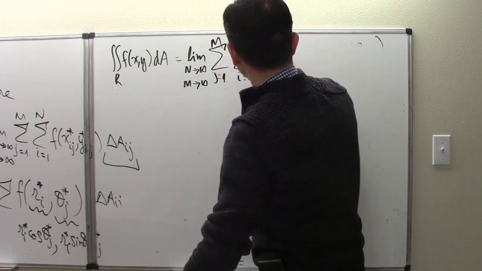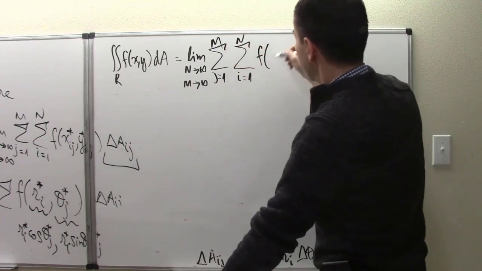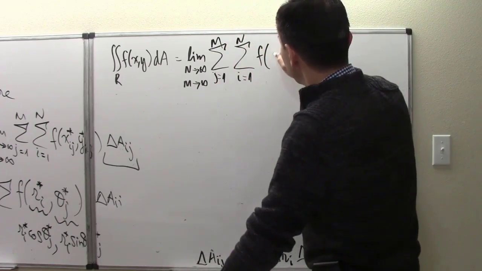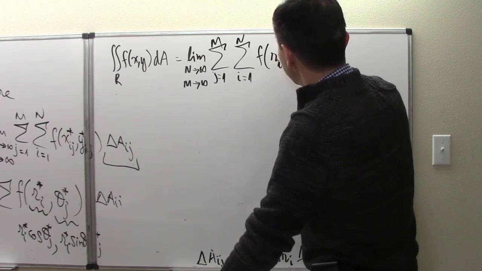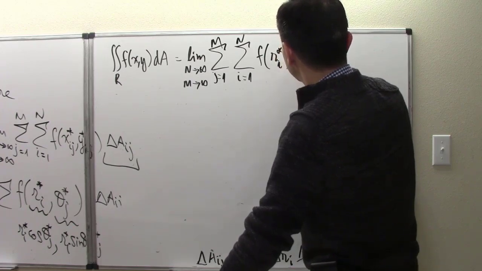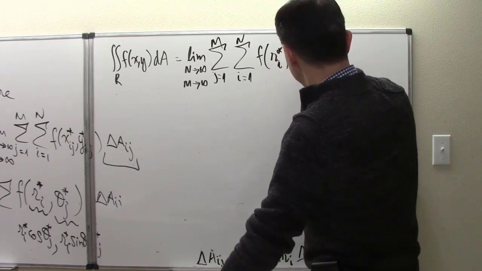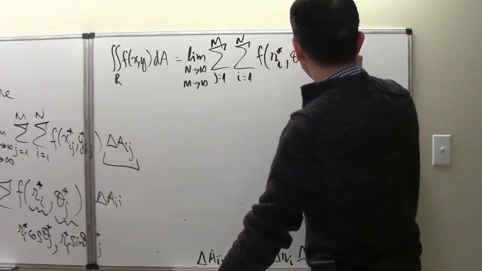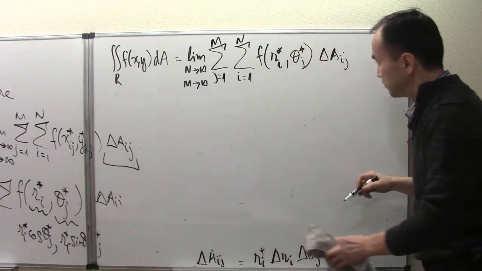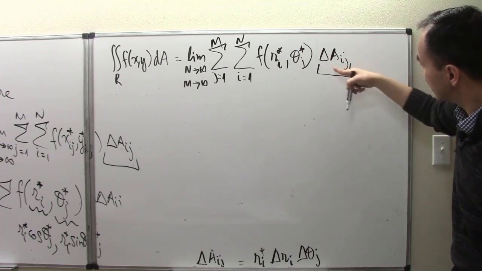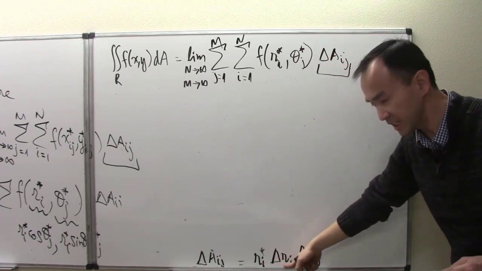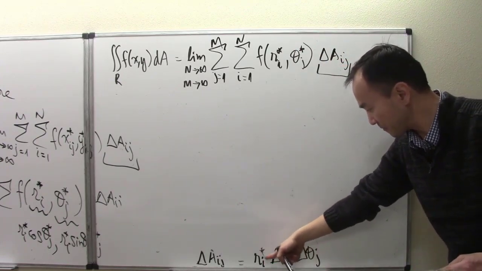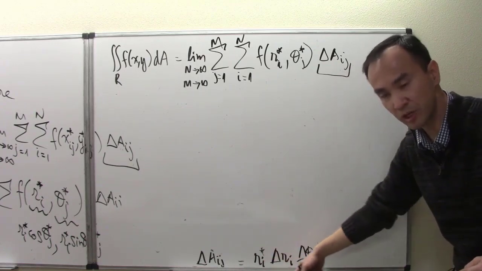And the function here, as I said in my cheating writing, is going to be some f of r_i star, comma, theta_j star, but then delta A_ij. This delta A_ij right here is found to be this expression right here.